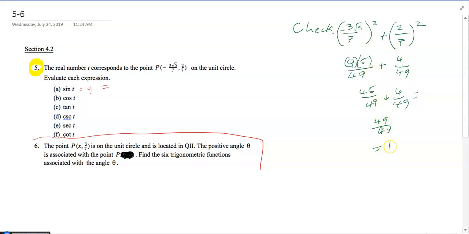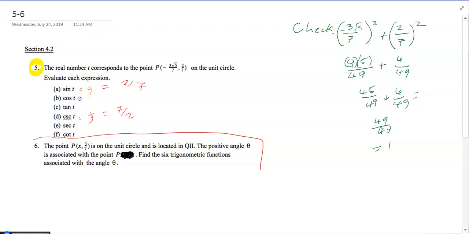Your 1 is your r in the unit circle, and you just use the same sort of procedure. So in this case, y over 1, which is y, and so you just use the y value. The cosecant is the reciprocal of y, and that's going to be 7 over 2.